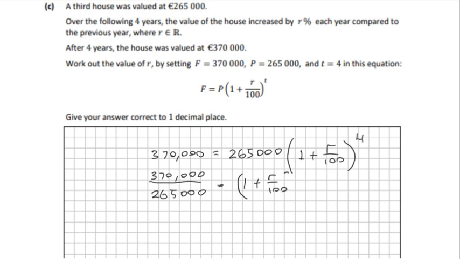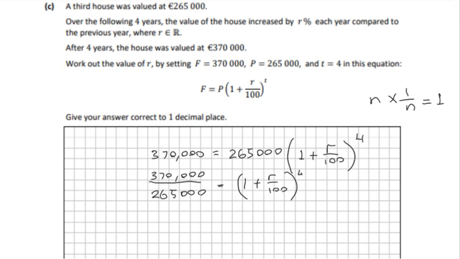In this step now, I'm just going to do a second step. I'm going to cancel out this 4 by raising to the power of 1 over 4. I'm going to show you that n multiplied by 1 over n is equal to 1. So I can do that to both sides.